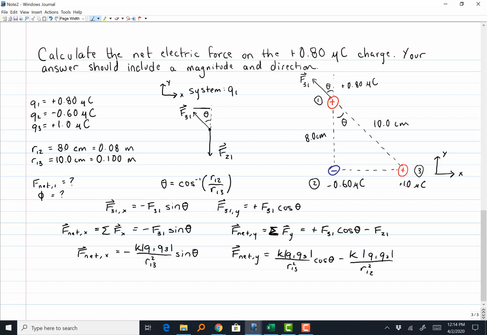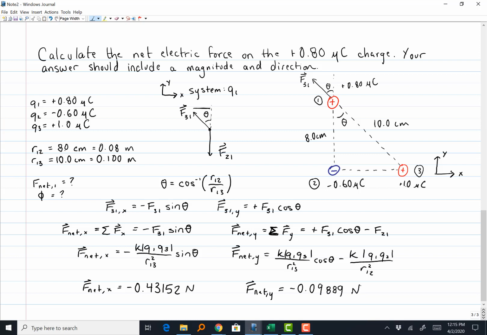Normally, I would not recommend doing any calculations until we get to the very end, but I'm going to make an exception in this case, just so we can see what direction this net force is going to be pointing. When I did the calculations for this, I got the net force in the x direction as something like negative 0.43152 newtons, and in the y direction a negative 0.09889 newtons.